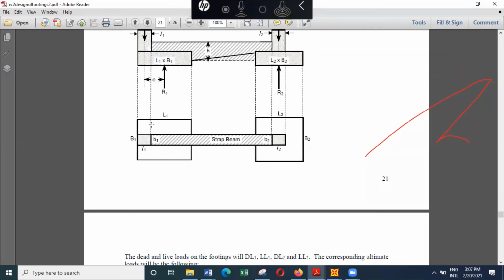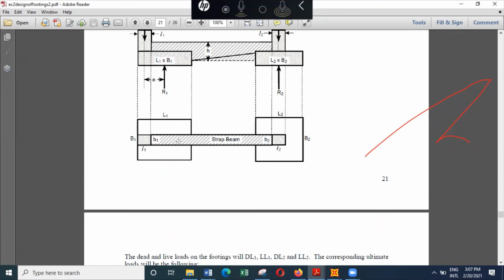So that means you will get a bending moment at this location. So you have to provide main reinforcement this way. But due to the strap beam, you can see it cannot bend in the other direction. So you have to provide nominal reinforcement this way at the bottom.